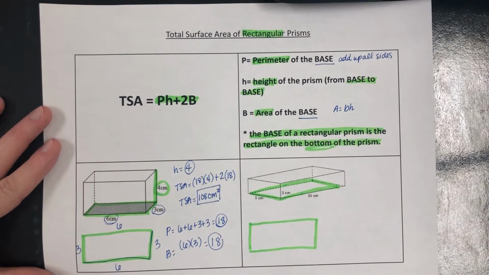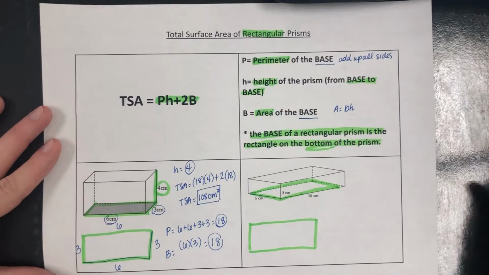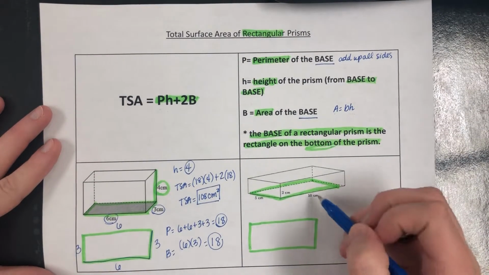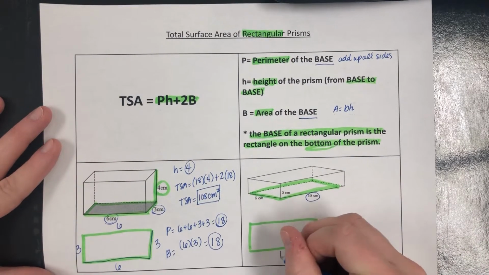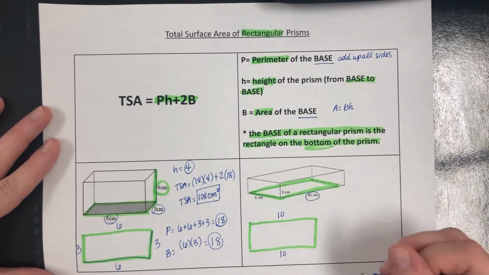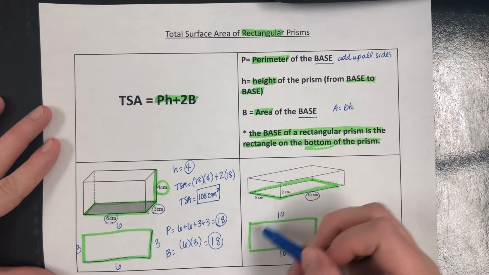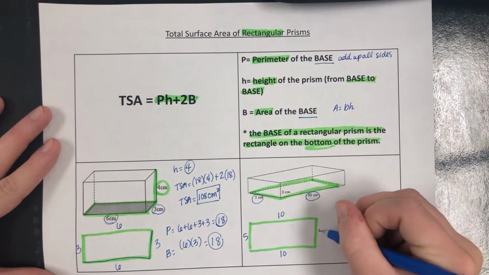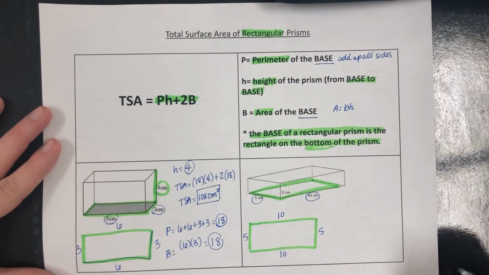Your rectangle doesn't exactly have to be to scale, but sometimes that's helpful. The long piece closest to the front is 10, which means the opposite side must be 10. The short side here is 5, so the opposite side must be 5.